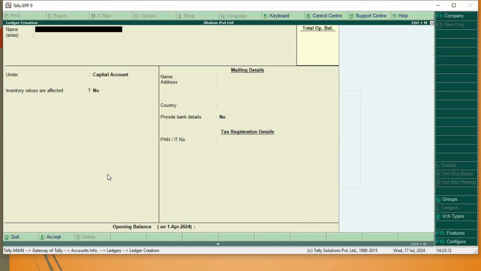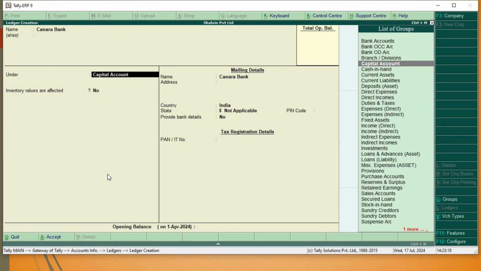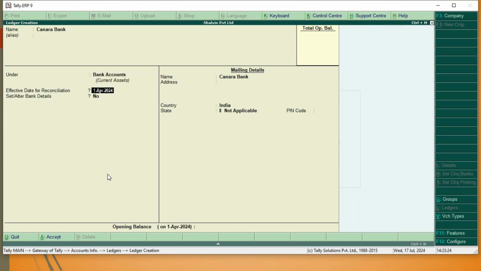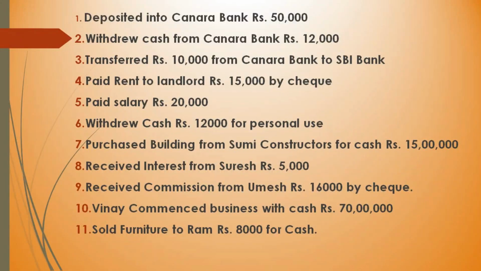So to create the ledgers, Canara Bank comes under the group called bank account, and just accept this. So we are just creating only the ledgers. And the next one is cash. No need to create cash ledger because it is a default one.